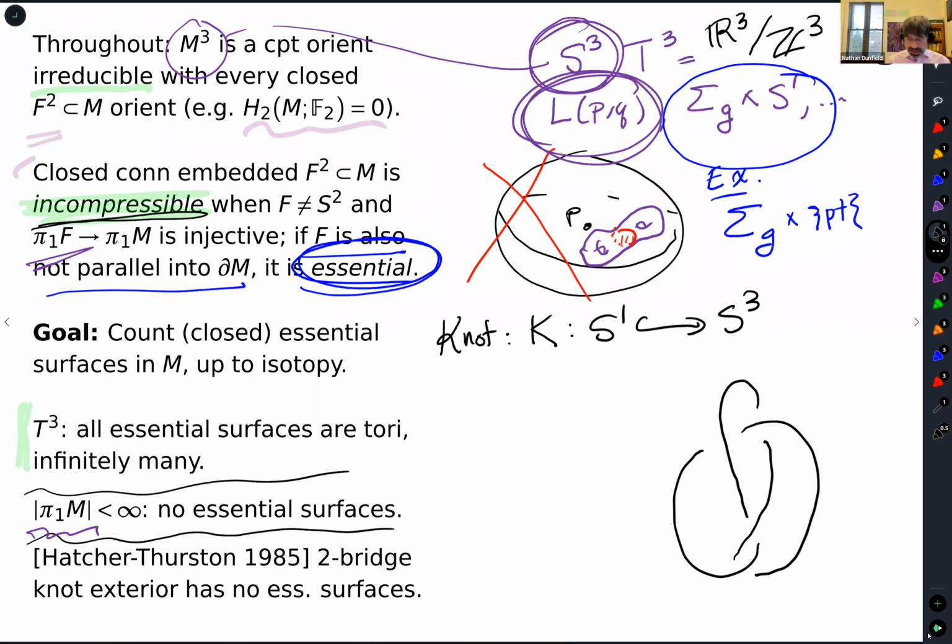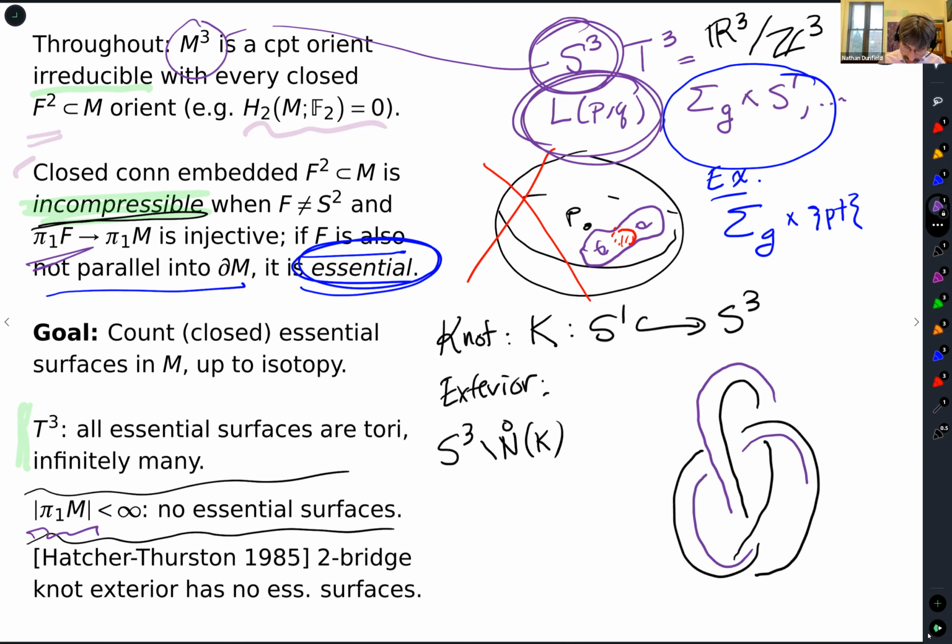And then we could look at the exterior. That is, we take the 3 sphere and remove a little neighborhood of the knot. So we thicken this thing up, and the little neighborhood will be this open solid torus.